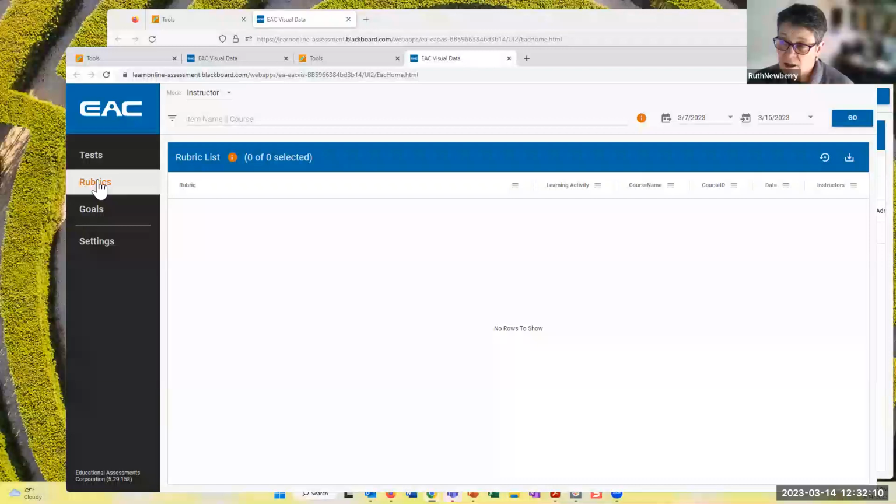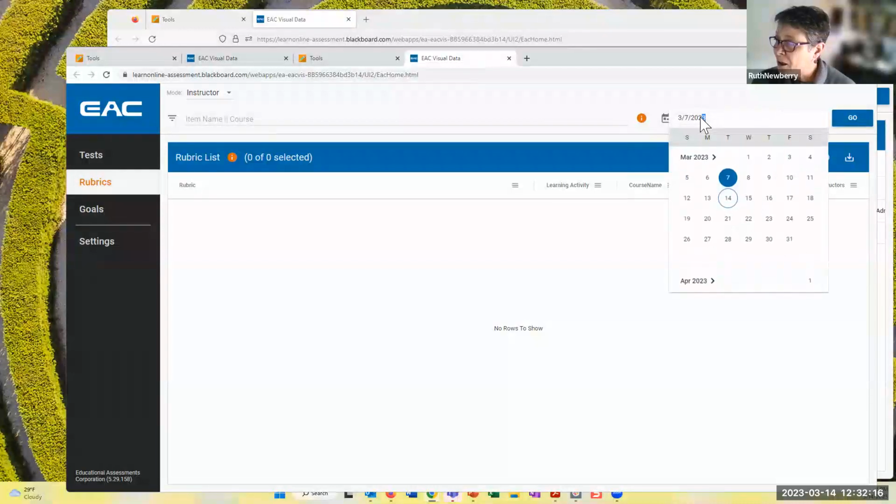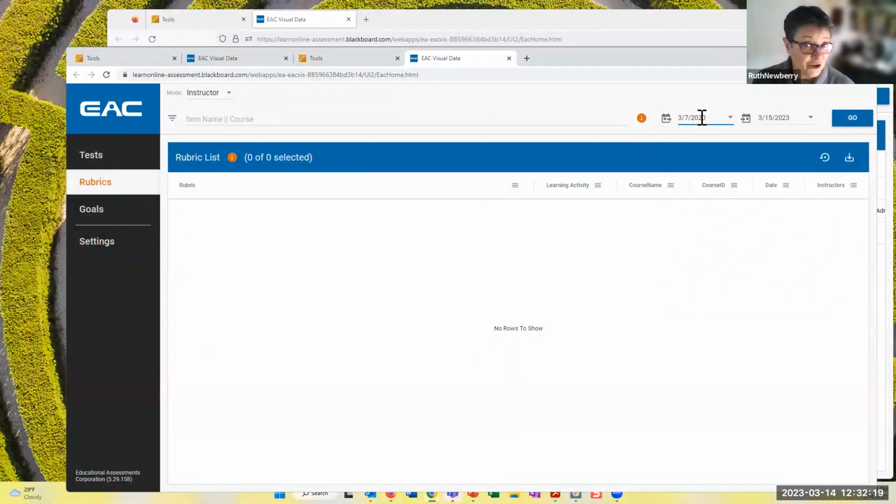So she's going to click on the rubrics area. It'll highlight. She's going to go back for her several semesters and find her courses. So you always have a date range. That date range is what you set to find rubrics that have been scored.